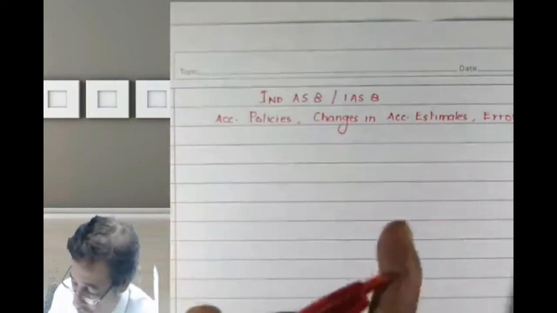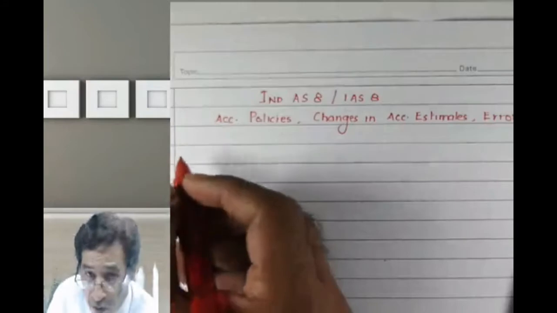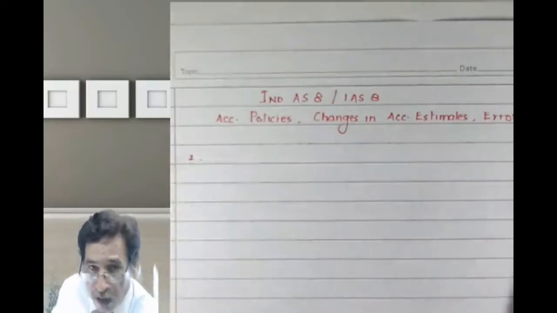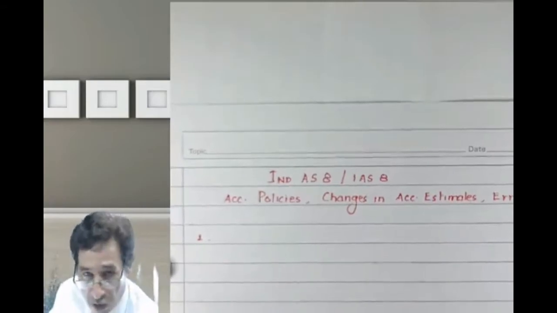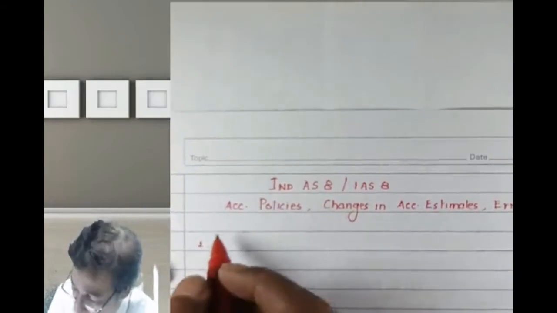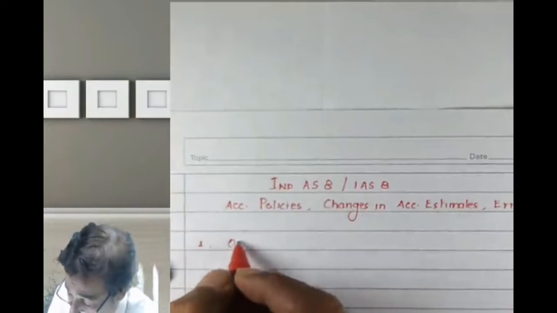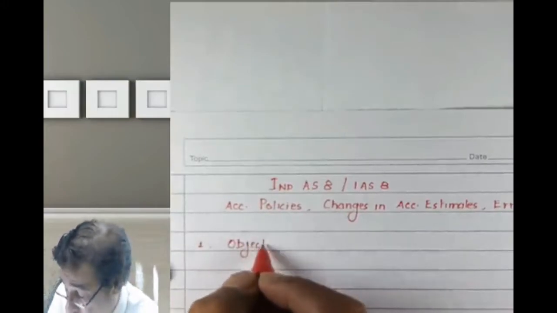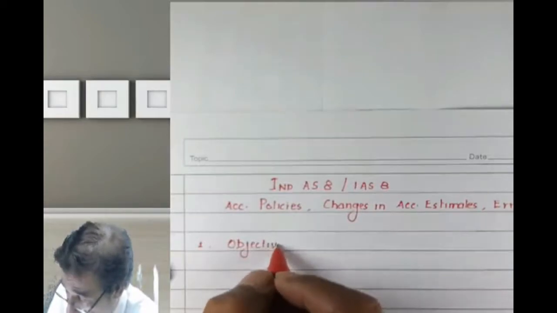Let me hold the red pen first, as you know. Point number one, objective. Let me settle down the things a wee bit. What exactly is the objective of this particular standard?